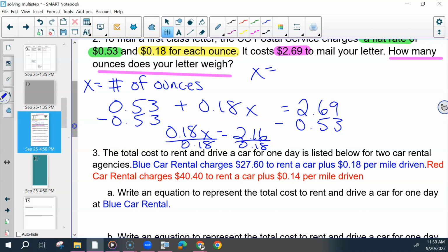Double check that. It should be 12. 12 ounces. There we go. We have to be specific with our answer as well. If you just put 12 on your quiz or your test, I'm going to ask, 12 what? You need to put labels, especially if they're real world problems.